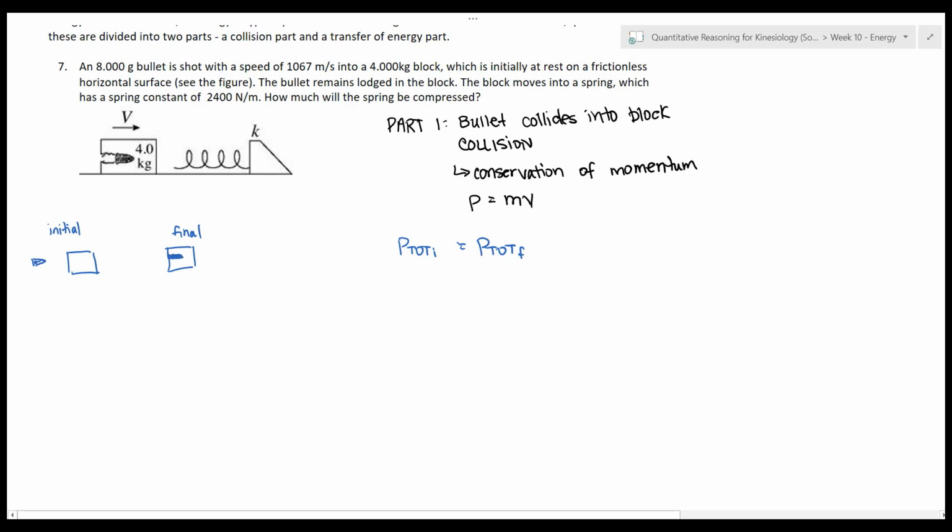Initially we have two different objects, a bullet and a block. So the total momentum of the two objects would be the mass of the bullet, I'm going to just call it m_bul, times the velocity of the bullet initially, plus the mass of the block times the velocity of the block initially.